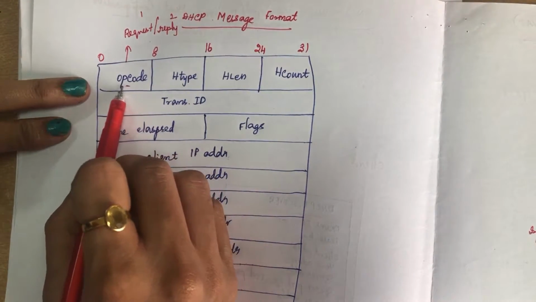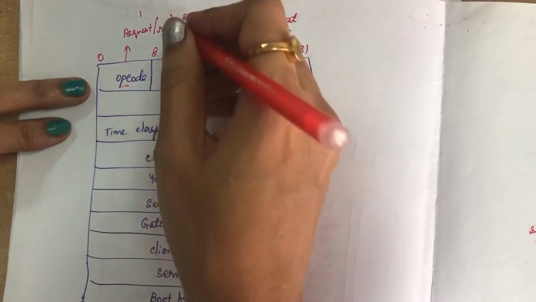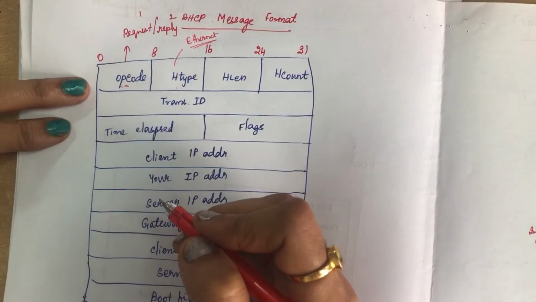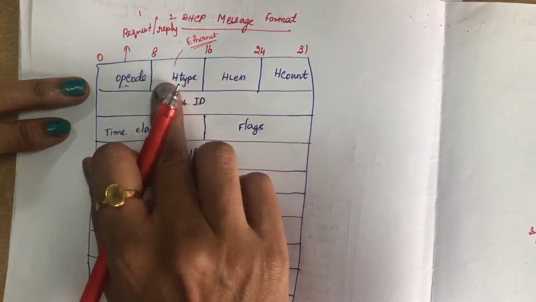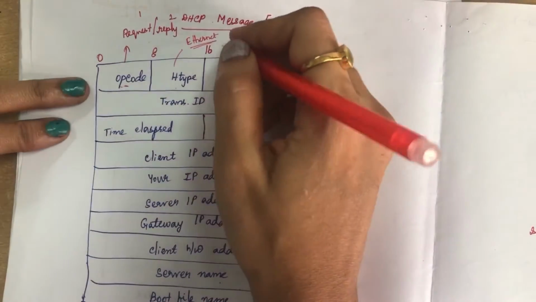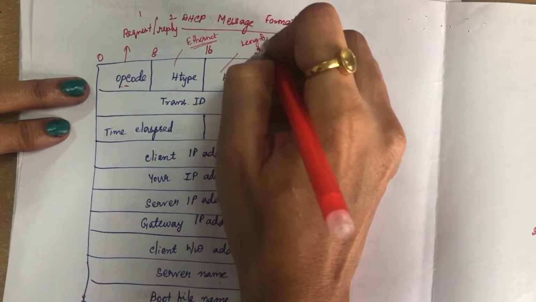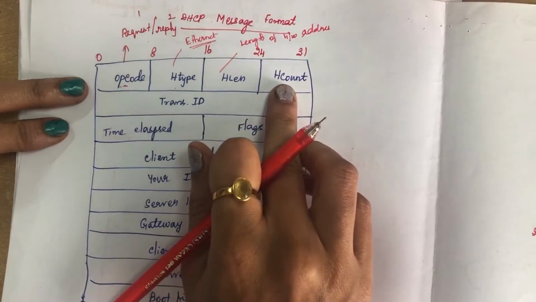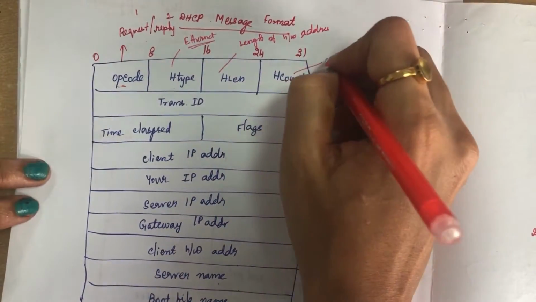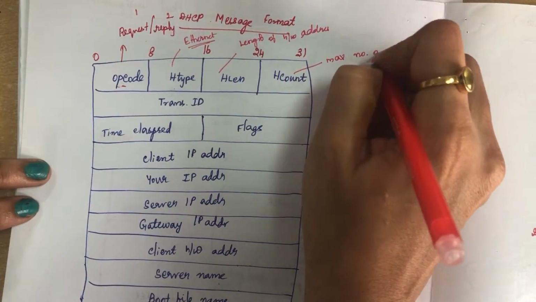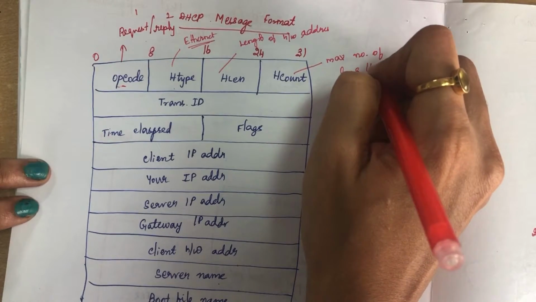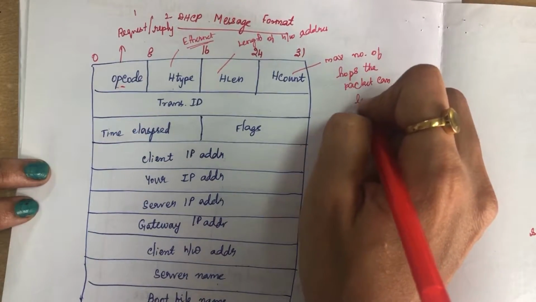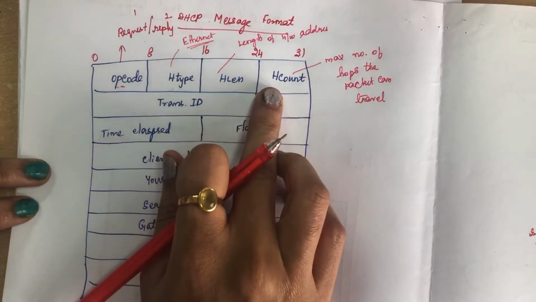H type is the hardware type, which represents what type of network we are connected to, whether Ethernet or any other type. H length will give you the length of the hardware address. Next is H count, which will tell you the maximum number of hops the packet can travel.